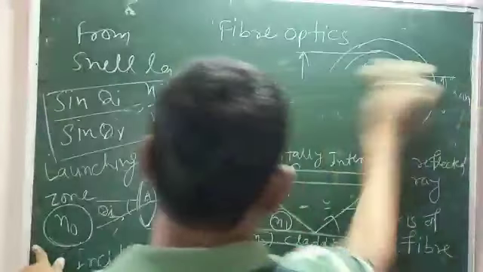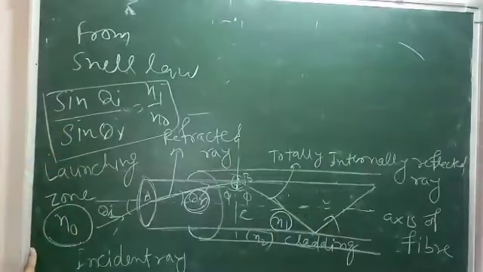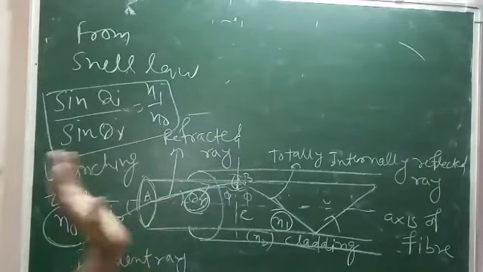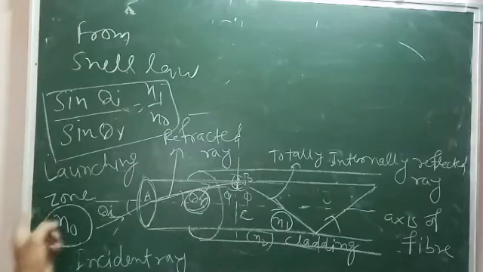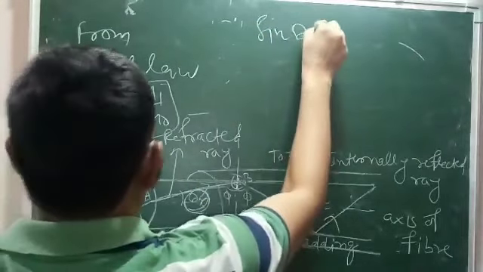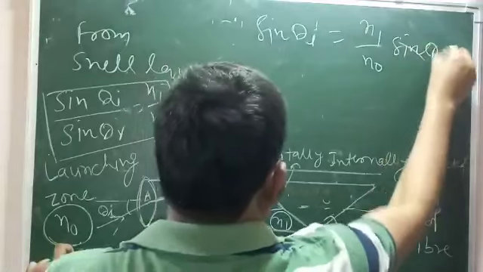This is the Snell law for two mediums where the refractive indices are different. Here N0 and N1, that means the Snell law can apply between the launching zone and core. So we can write sin theta i is equal to N1 by N0 sin theta r.